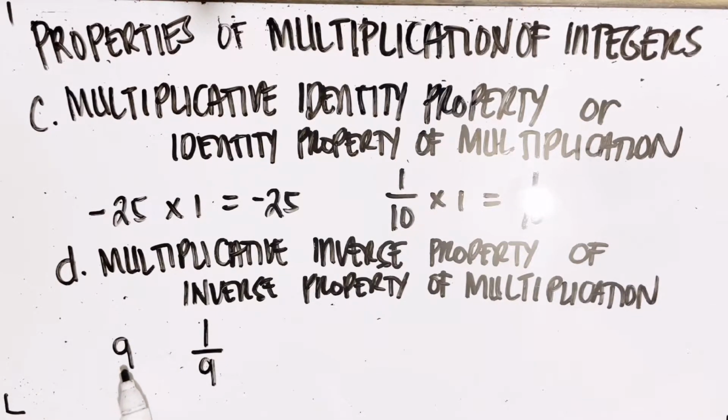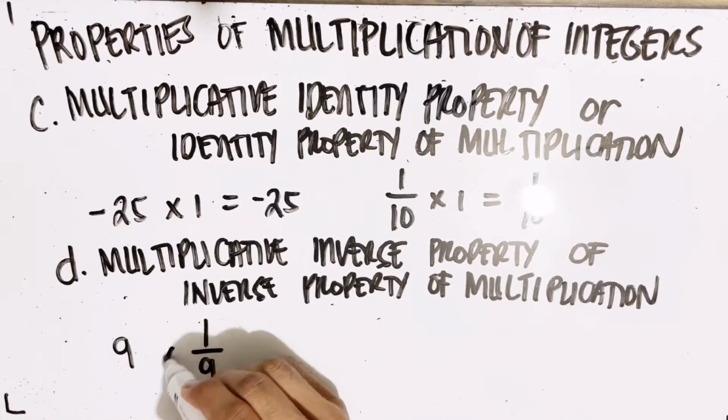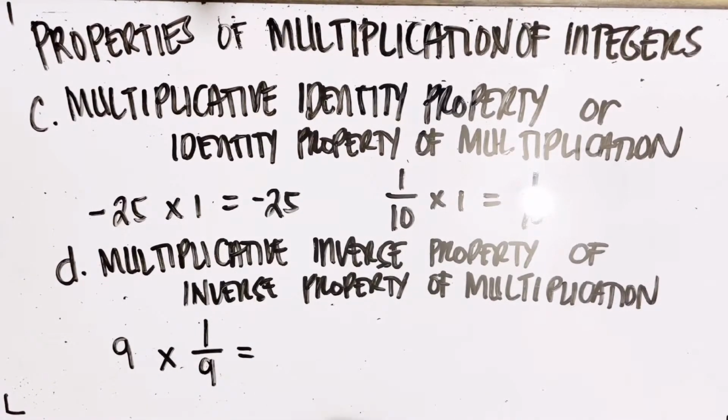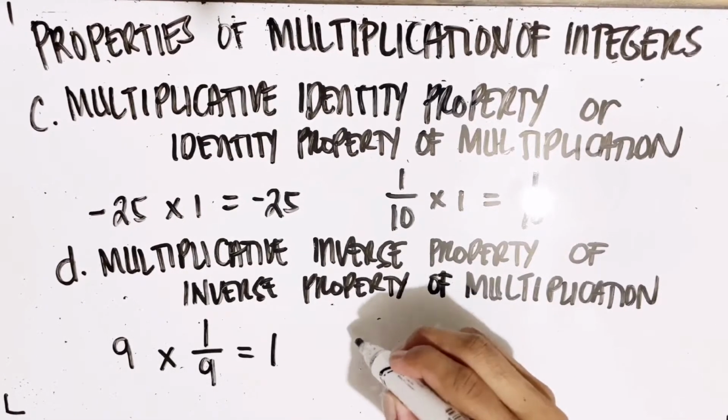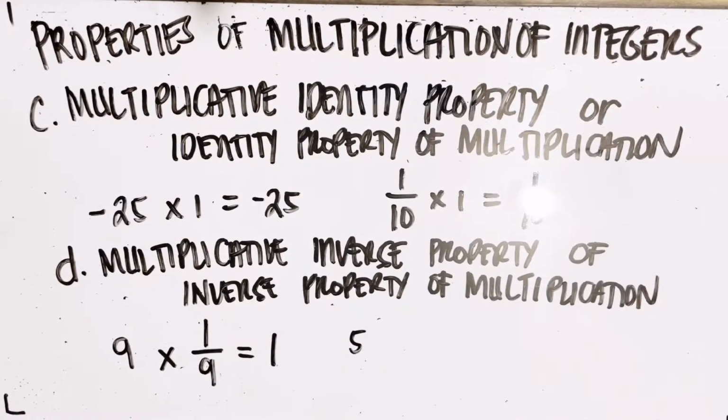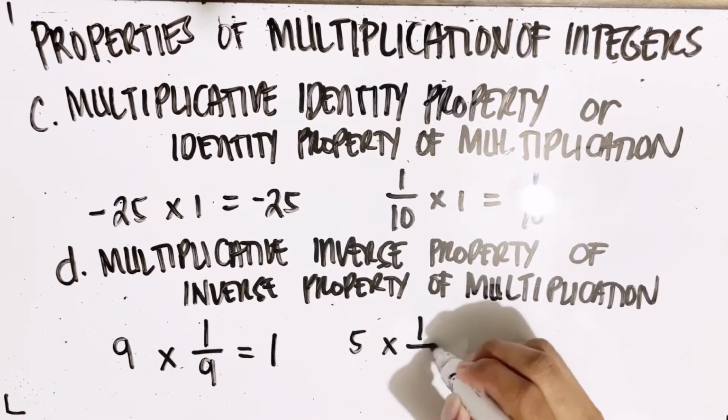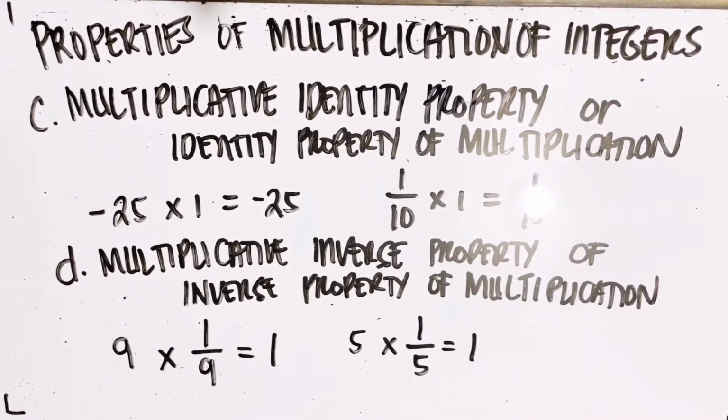So 9 and its reciprocal will be multiplied. The result will be equal to 1. So let's have another example. How about 5? 5 multiplied with its reciprocal, which is 1 over 5, the answer is 1.